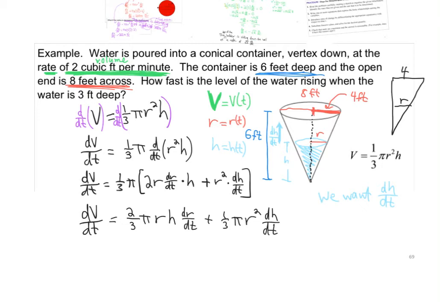The height of the whole thing is 6 feet, which means this length here will be 6. And what I want to know is this little piece here, this radius r. Oh, but wait, I have this quantity here. This is h, and it's saying at the moment when h is 3. So actually, I do know that. That is 3.